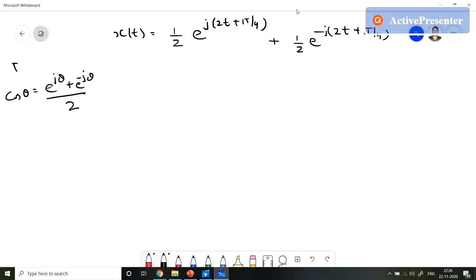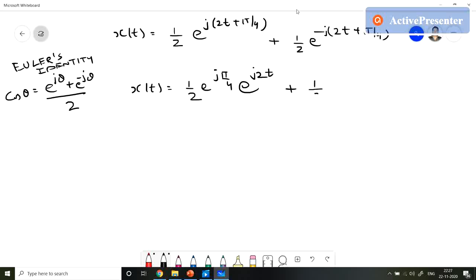So we have applied Euler's identity. Now x(t) we can further write as 1 by 2 e raised to the power j pi by 4, taking it outside, times e raised to the power j 2t, plus 1 by 2 e raised to the power minus j pi by 4 times e raised to the power minus j 2t. So this is equation number 2.